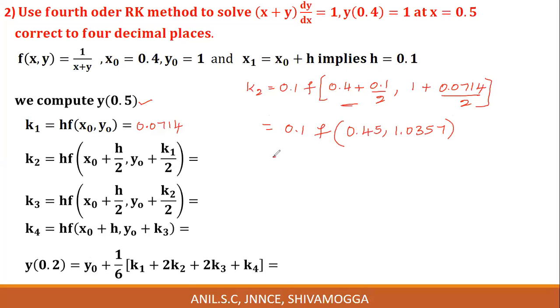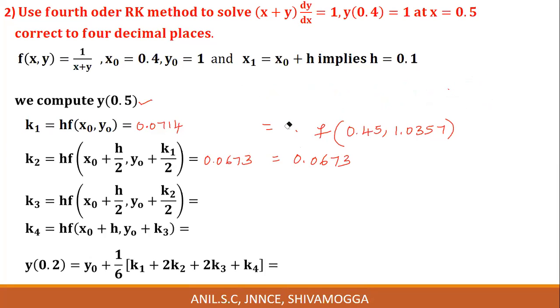Now calculate this. 0.1 into f of x comma y is defined as 1 divided by x plus y. 0.0673, that's right. 0.0673, this is correct.